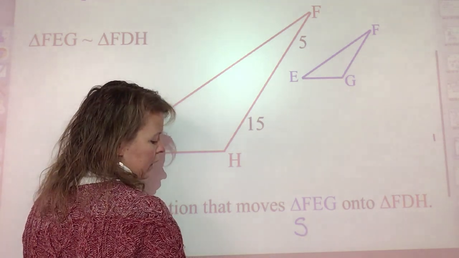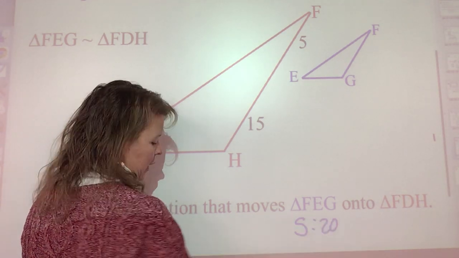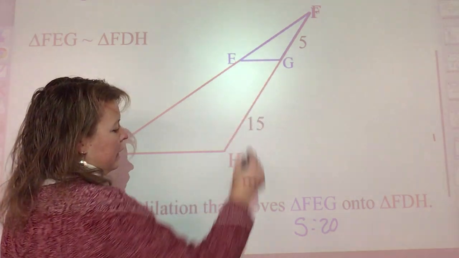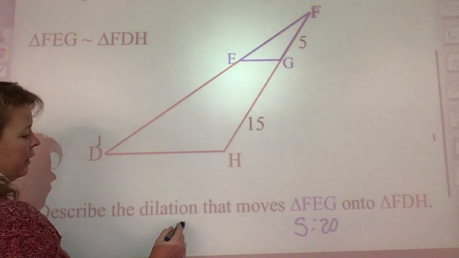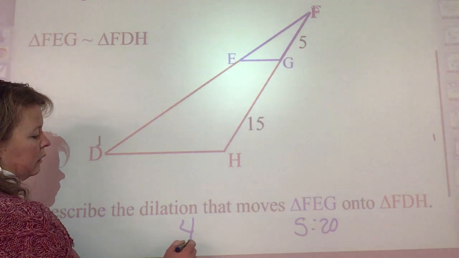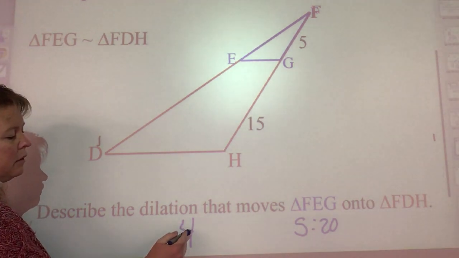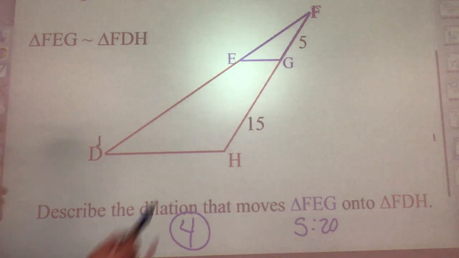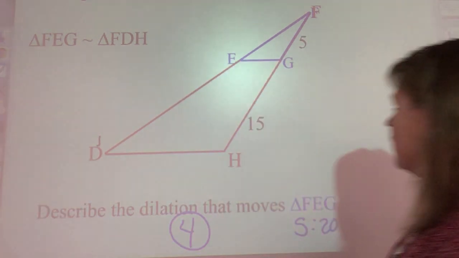So 5 to 20, what is the scale factor, or not scale factor, I'm sorry, the dilation of that to get from here to here? Describe the dilation. It is 4 times. The dilation is 4. 4 times as big. If you multiplied this times 4, it would get that large.